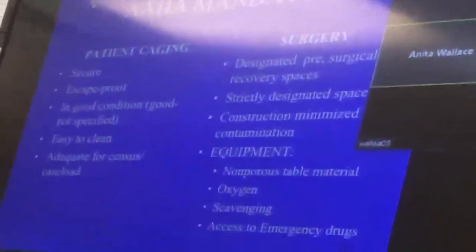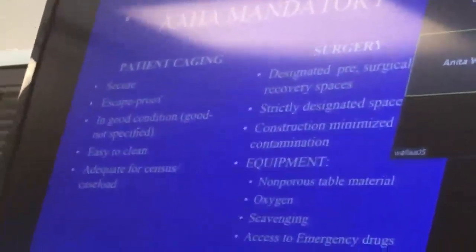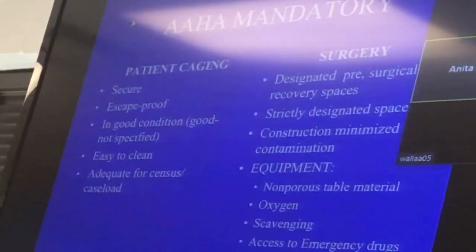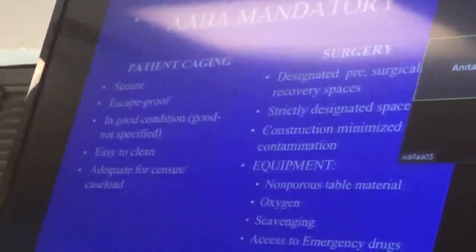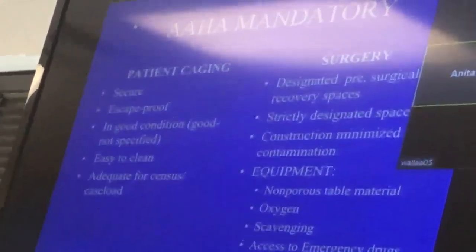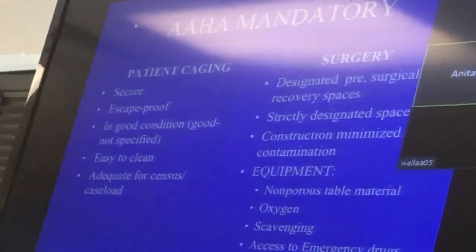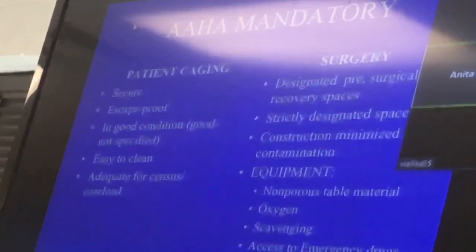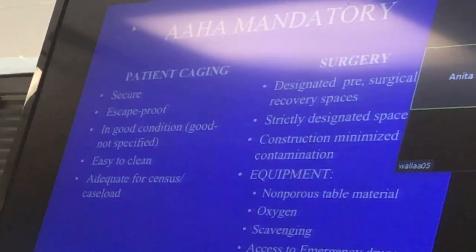Similar to a surgery environment, you want to have a designated pre-surgical prep area, surgical area, and recovery areas. When we get to laboratory animal environments, this requirement for a pre-surgical space is very significant. So in lab animal, we break things down into large and small animals. In the large animal facility, anything larger than the guinea pig in a laboratory animal setting is considered to be a large animal.